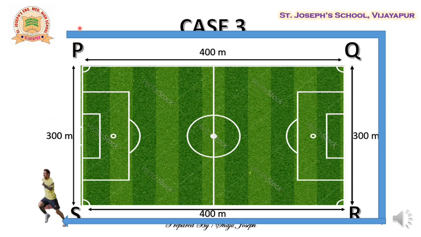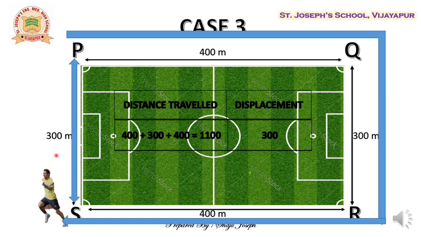So this blue arrow that you can see right now, this whole length that he has covered, is 1100, but the shortest distance between the initial point P and the final point S is only 300 meters. So though the distance traveled is 1100, the displacement in this case is only 300.